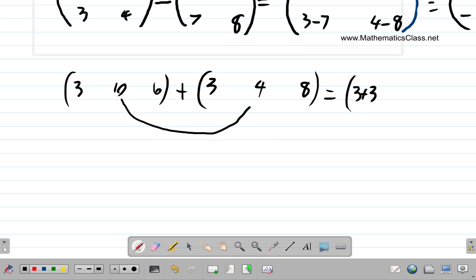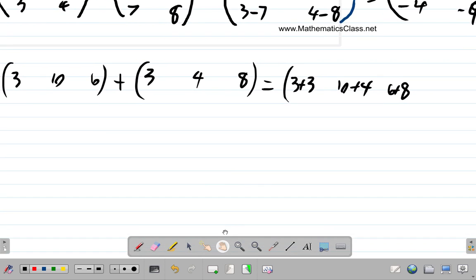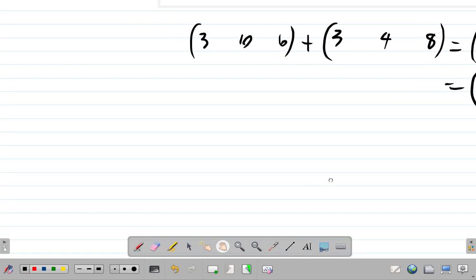Now this is 10 plus 4, and this will be 6 plus 8. So 3 plus 3 is 6, 10 plus 4 is 14, 6 plus 8 is 14 as well. So that's what you have there.